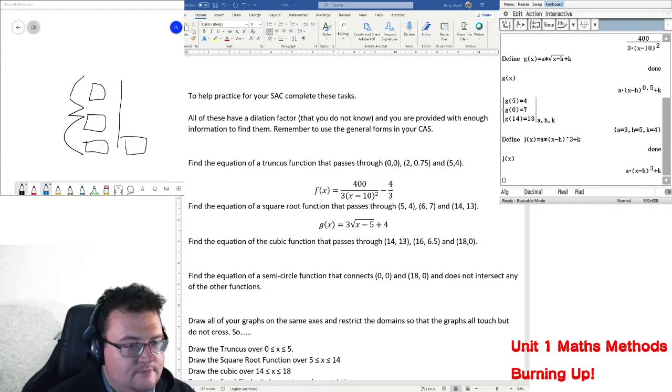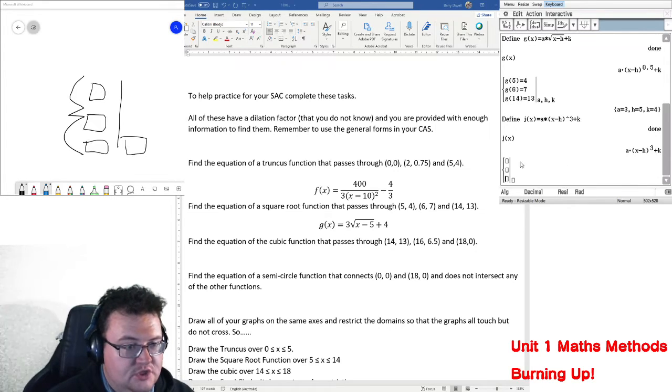Which is what I've got here. And in that form, I only have 3 pieces of unknown information. I have 3 pieces of information that I know. I can now go and do solving for it.